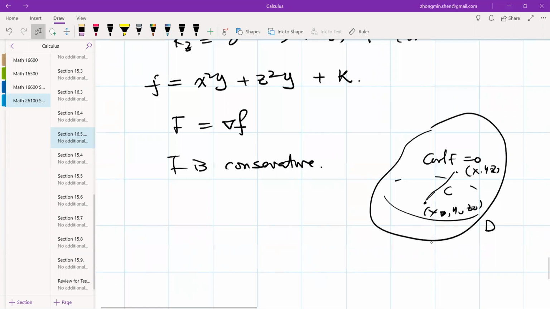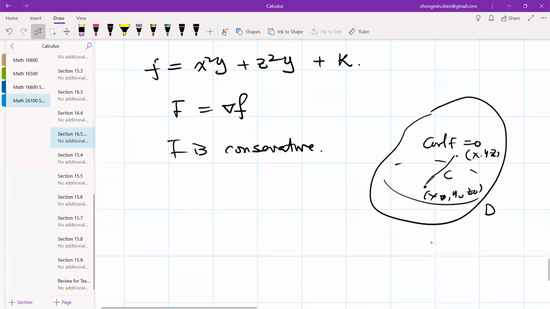If the curl of F is 0 and you want to find this little f, you need to prove, under this condition, that the line integrals are path independent. That's the way to construct f.